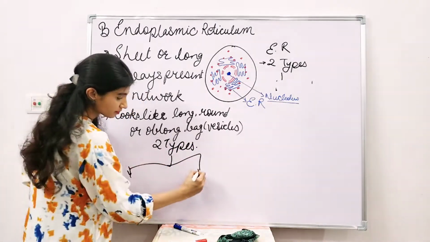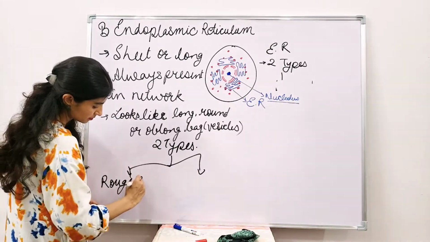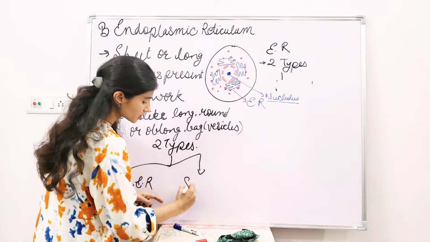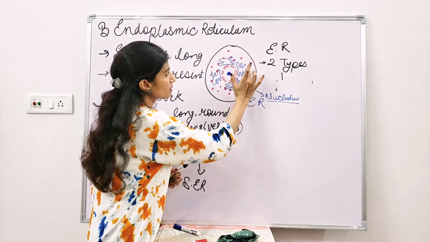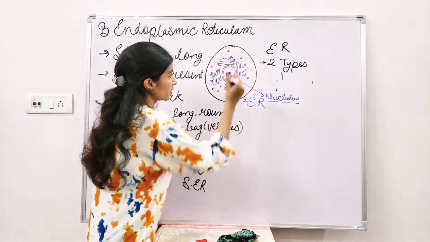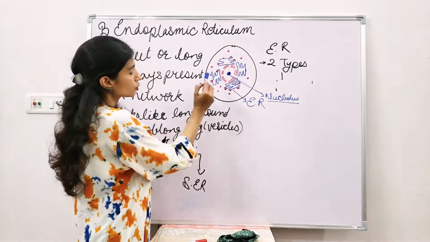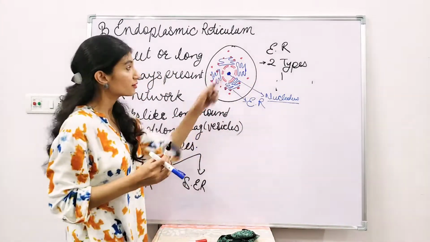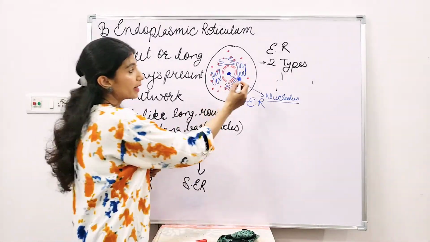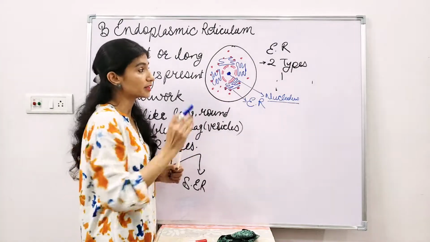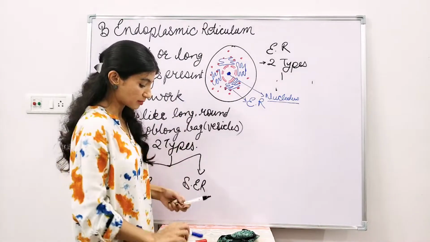The first one is the rough endoplasmic reticulum, and the next one is the smooth endoplasmic reticulum, which means if I just remove these ones from here and make them without ribosomes. So those endoplasmic reticulums which have ribosomes present on them are called rough endoplasmic reticulum, and those that don't have ribosomes arranged on them are called smooth endoplasmic reticulum.